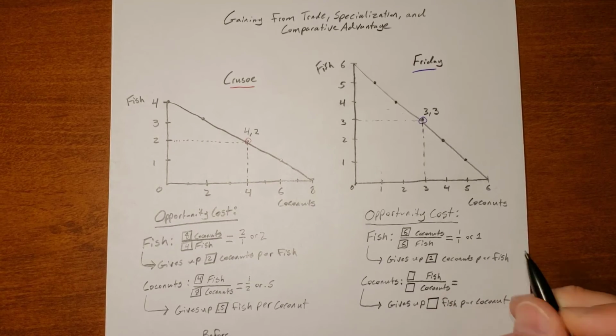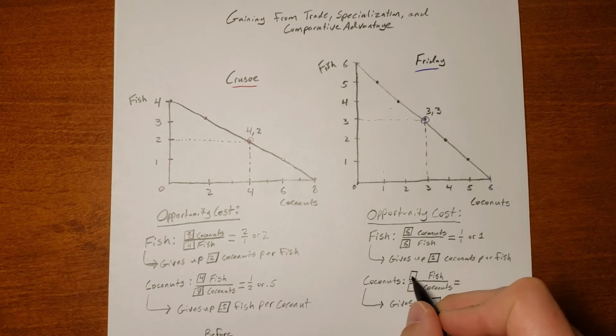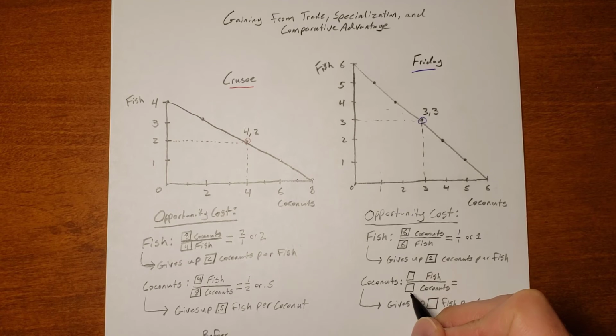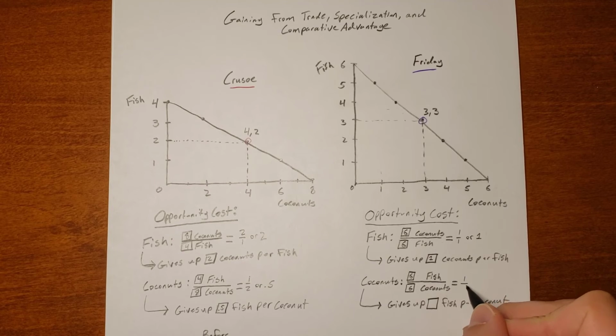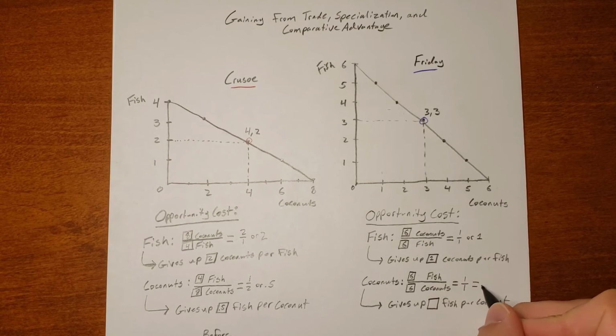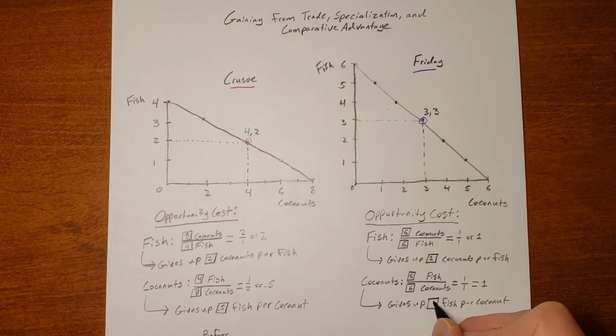So he's going to give up 1 coconut. When we look at the opportunity cost of producing coconuts, we're going to divide the number of fish by the number of coconuts. So again, 6/6 equals 1/1 or 1. What does that mean? It means that every time that Friday produces a coconut, he gives up 1 fish.